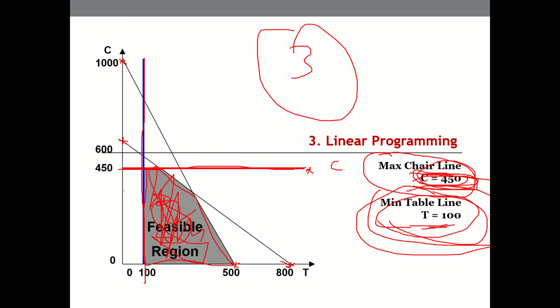This is why it's called the feasible region, and the maximum profit or optimal solution lies within this region by taking all the three constraints into picture: carpentry, painting work, number of chairs and tables to be made. So this is how it is.